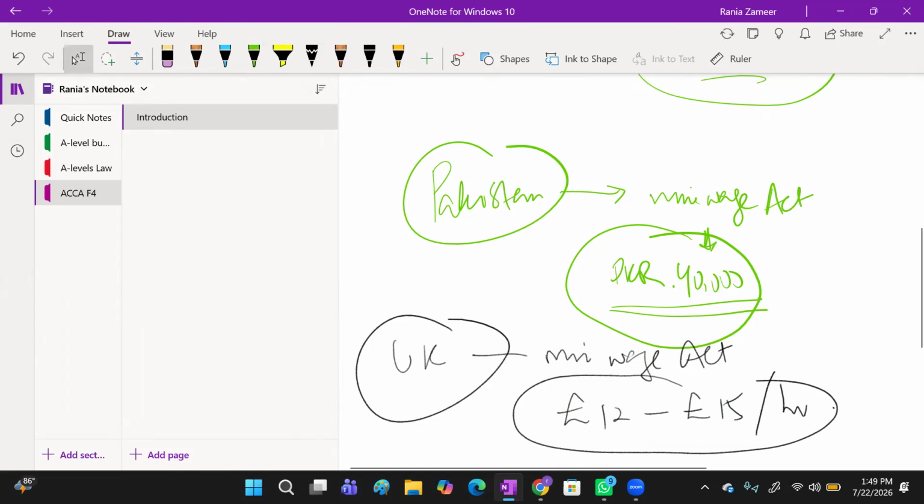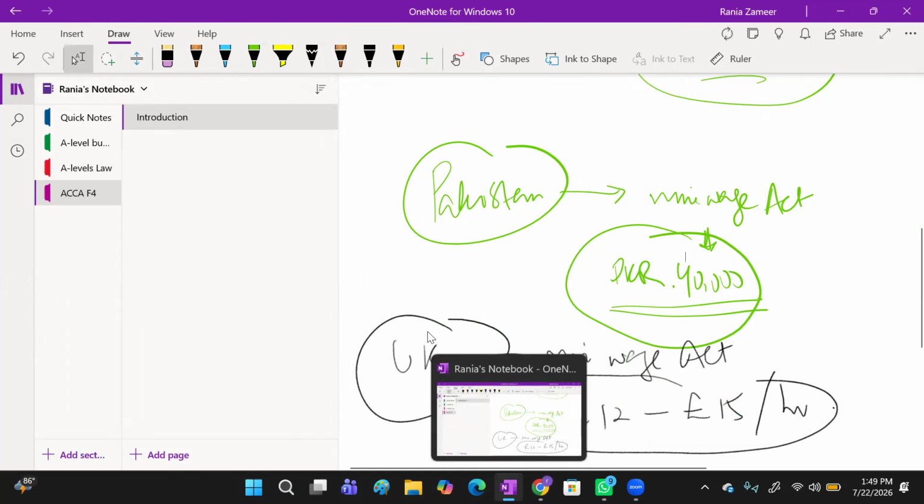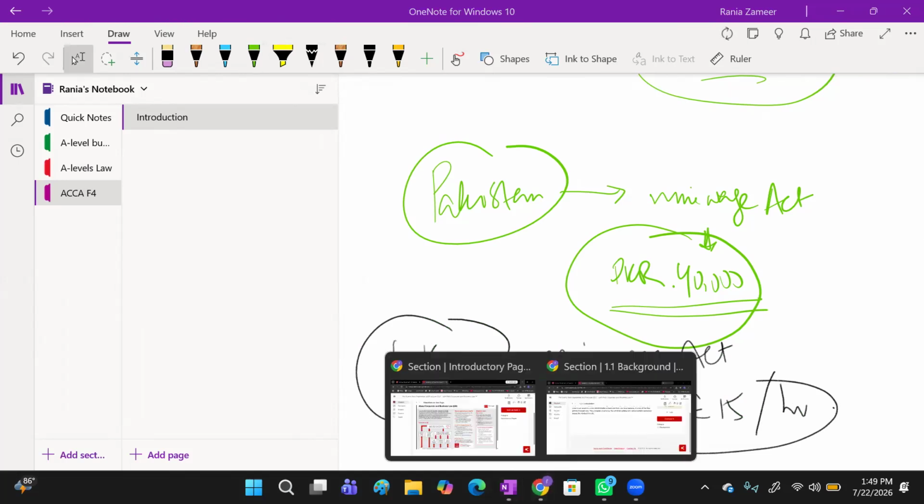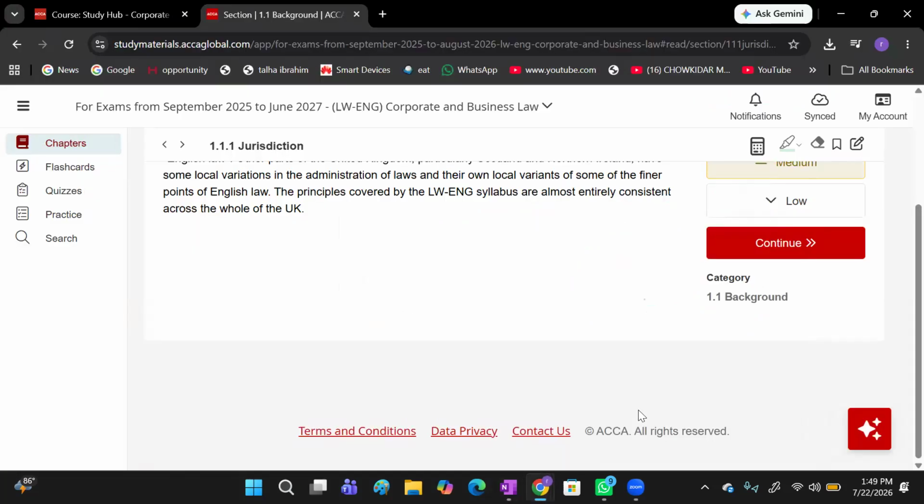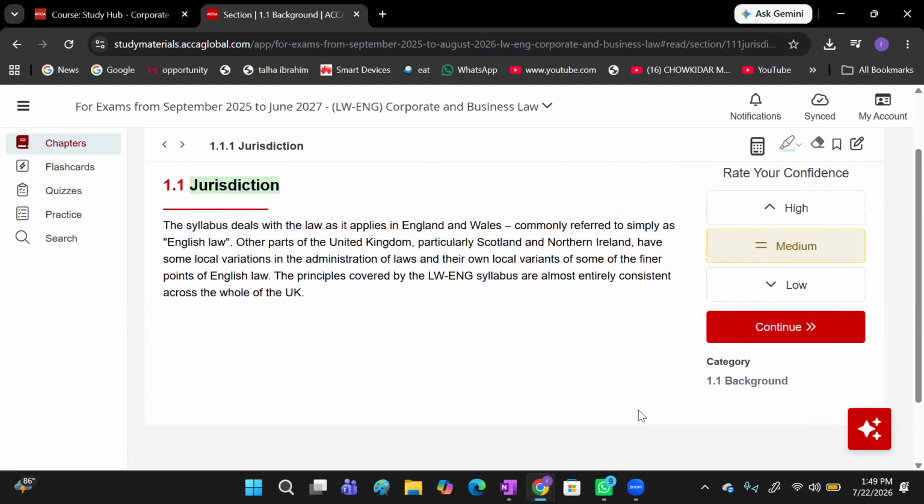All right, I hope that clears the concept of jurisdiction. So we're talking about English law and the jurisdiction in which it's applicable. The jurisdiction is the UK, which consists of England, Wales, Scotland, and Northern Ireland.